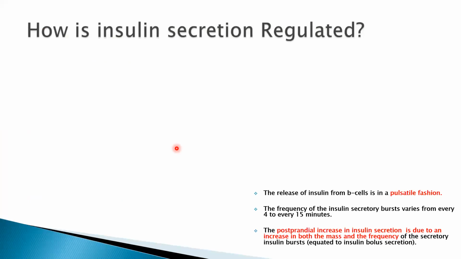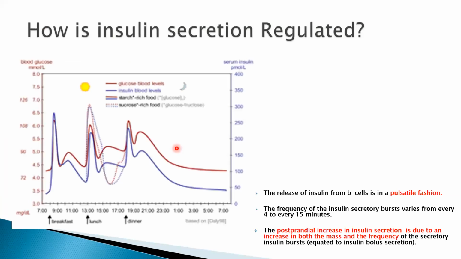The next question is, how is this insulin secretion regulated? The release of insulin from the beta cells is usually in a pulsatile fashion, every 4 to 15 minutes.